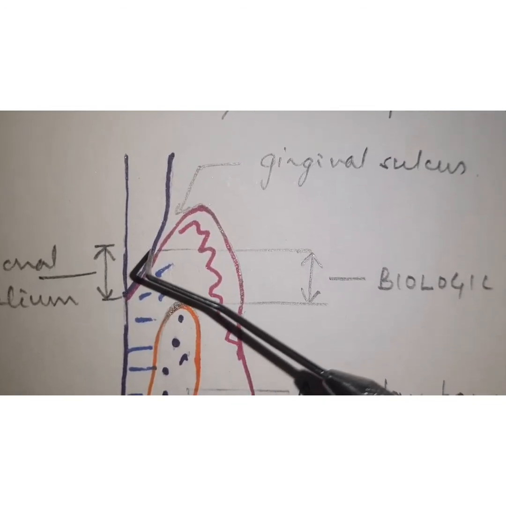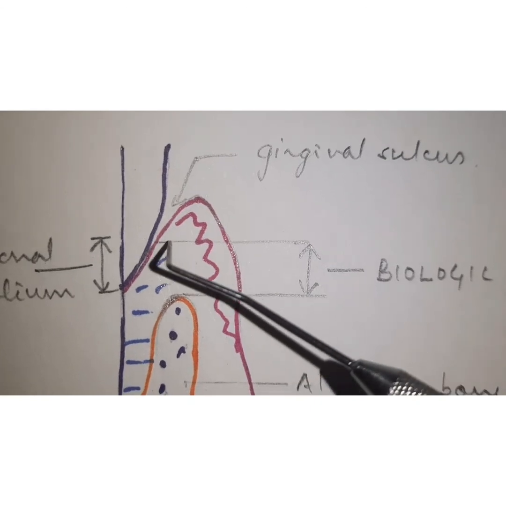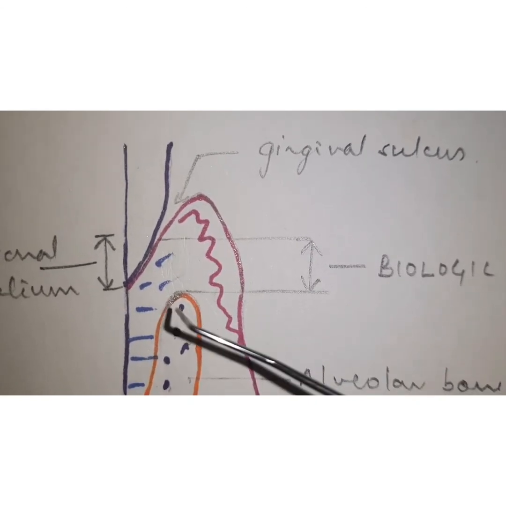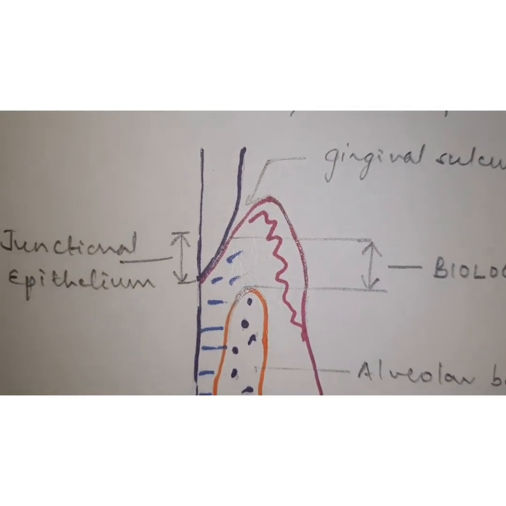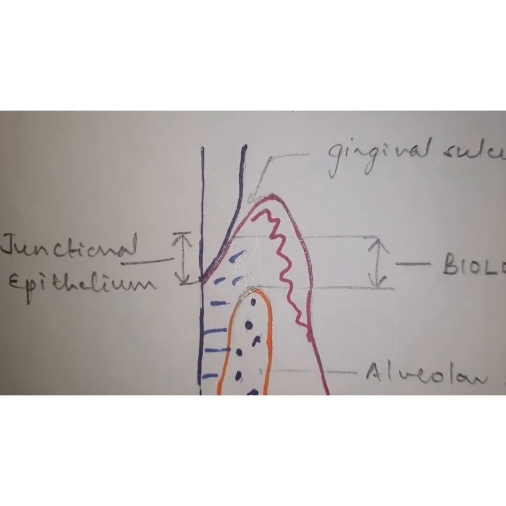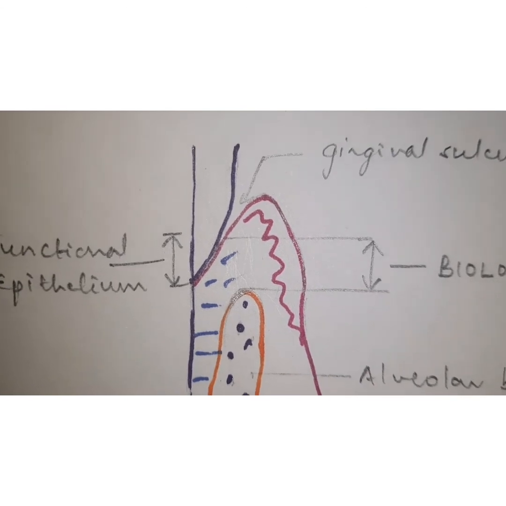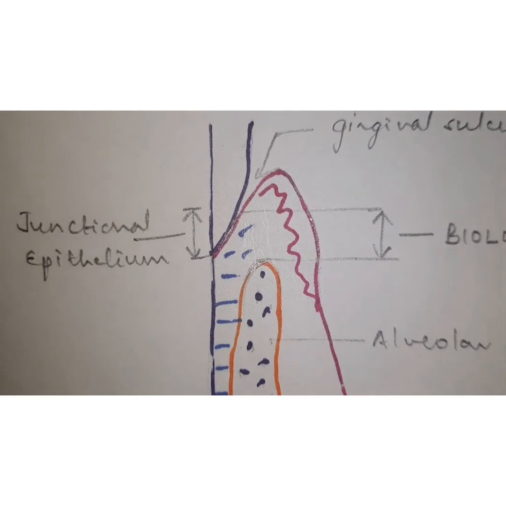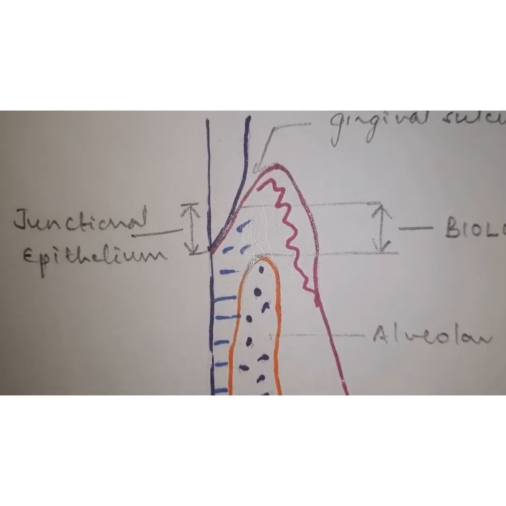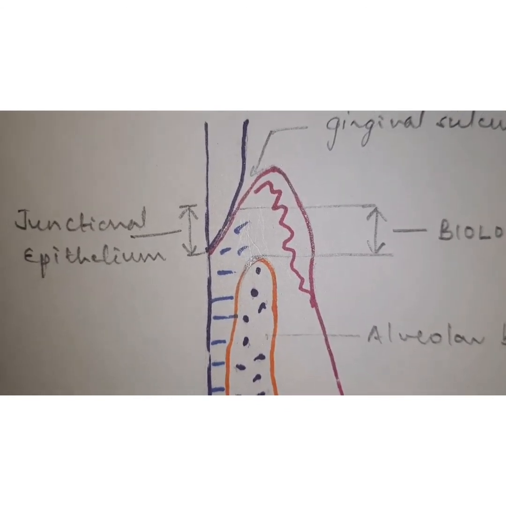That is, the margin of your restoration. So at least a 3 millimeter space should always be left, and this will ensure that your restoration functions and your gingival health is normal. So these are all the periodontal factors which influence your treatment planning in fixed partial denture cases.